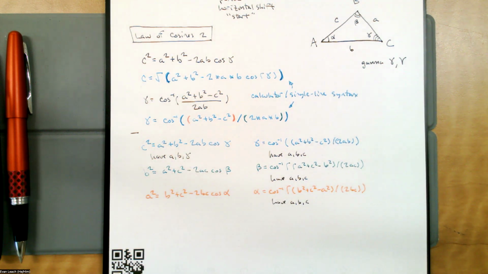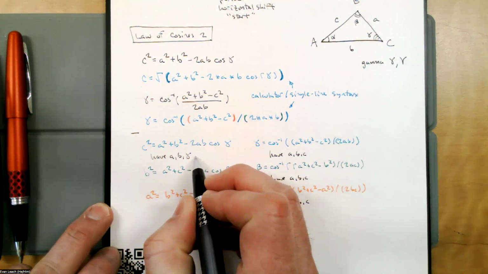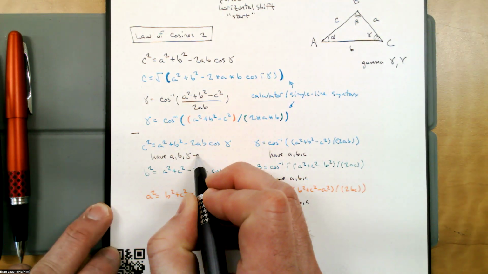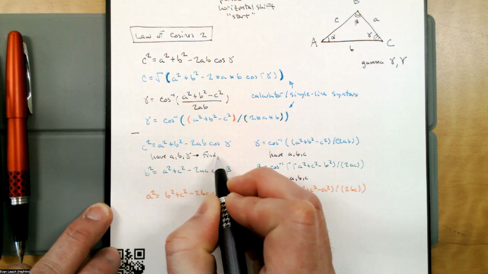If all you have is a, b, and gamma, the only thing you can go looking for is C.